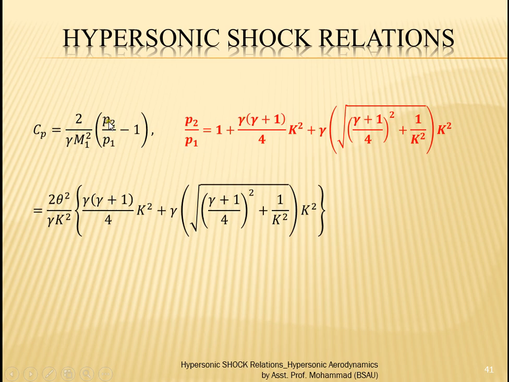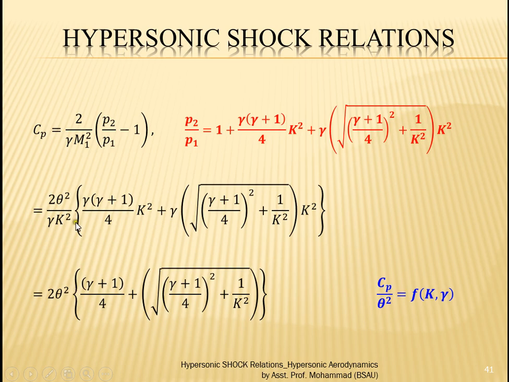Just P2 by P1 minus 1. So this goes minus 1. So this whole thing in the bracket is equal to these two terms only. So we put this term here. Now we have K square here and K square there. So this theta square, this 2 gamma by K square, goes inside. So sorry, the gamma K square goes inside.